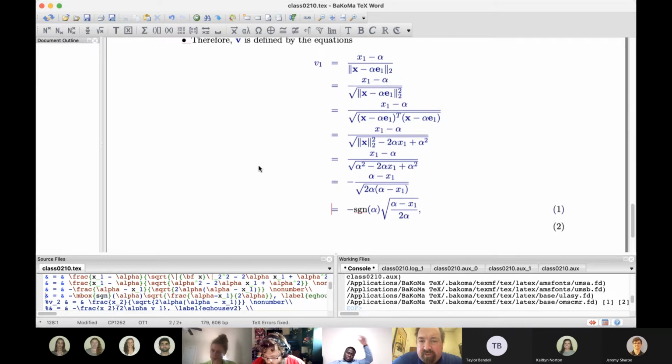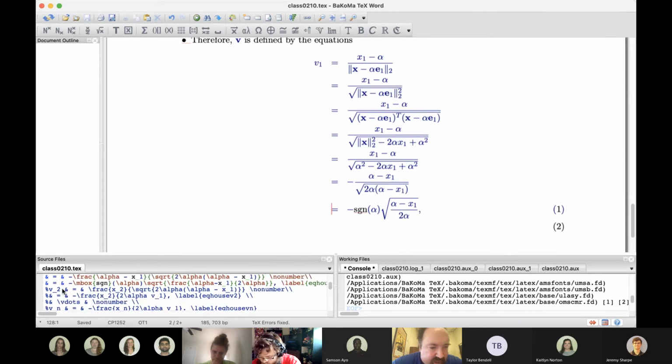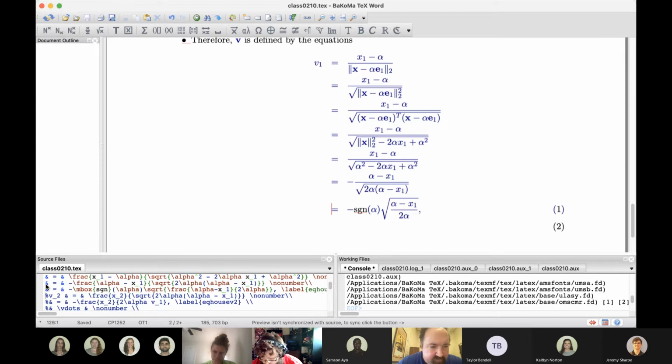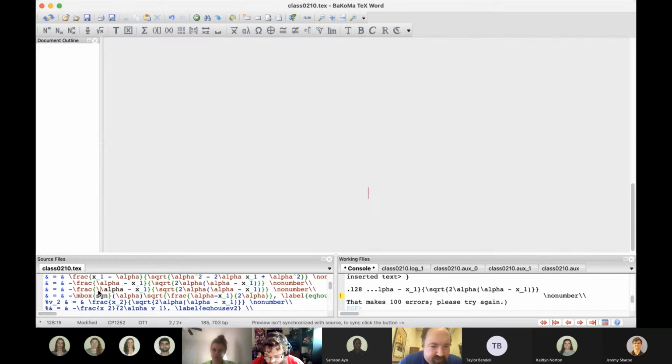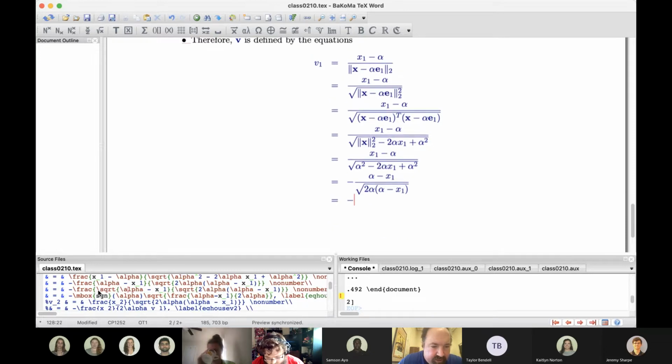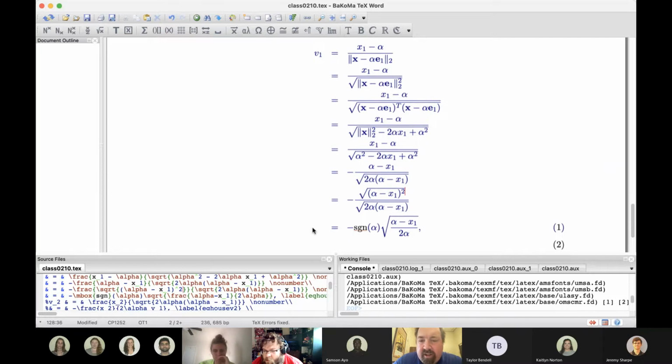Now, a way that I can simplify this, notice I have alpha minus x1 up top, and then alpha minus x1 below inside the square root. So what I can do is think of this alpha minus x1 up top as equal to, if I were to rewrite this as the square root of alpha minus x1 squared, I can do that except for one problem.